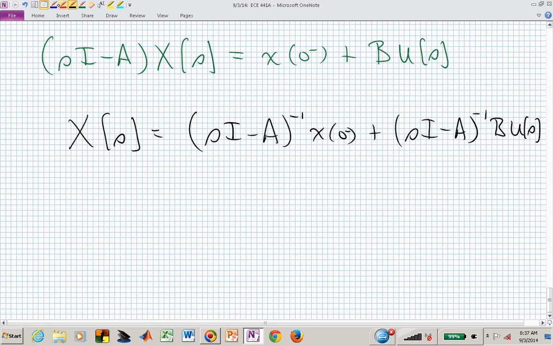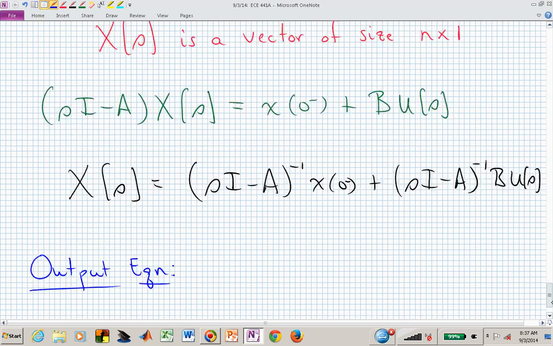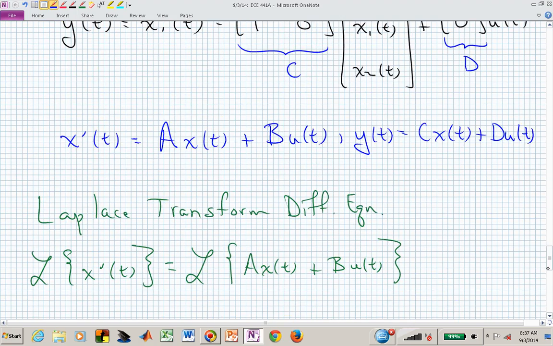What's the Laplace transform of our output equation? Our output equation is sitting over here. Are there any dynamics there? Are there any derivatives? No. This one's pretty easy to Laplace transform.